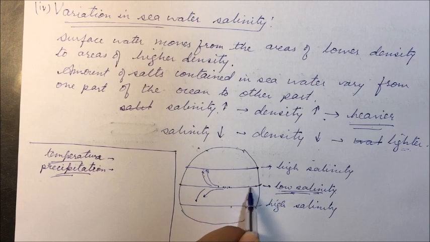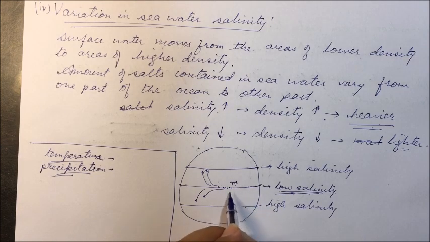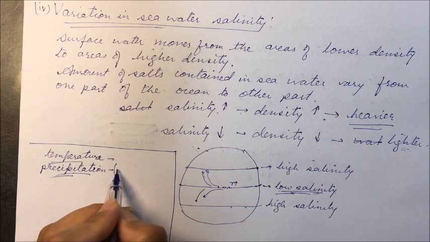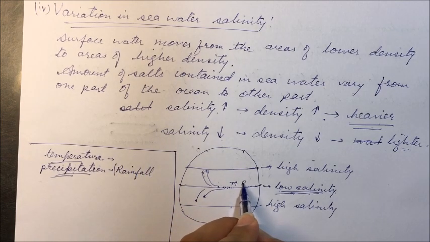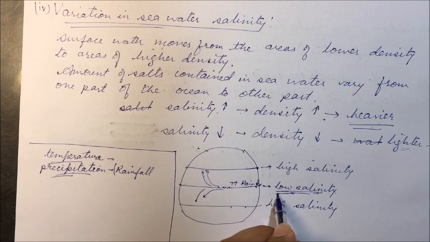So first I take the equatorial region. In the equatorial region, temperature is high. So more water will be lost due to evaporation. So it will be denser water. But here precipitation is as well more, that is rainfall. This precipitation compensates for the evaporation, and that's why here is low density.